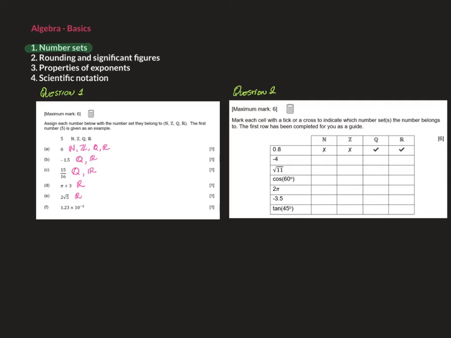That's a very small number, but it is a decimal. It is finite, so we know that it's definitely not natural, not an integer, but it is rational, and it's going to be a real number. So now that we finished this one, I am leaving as a part of your lesson work to do question 2.